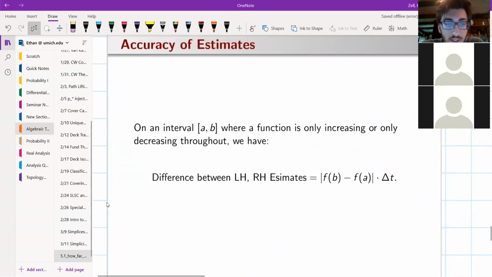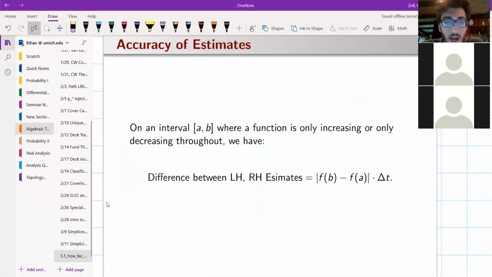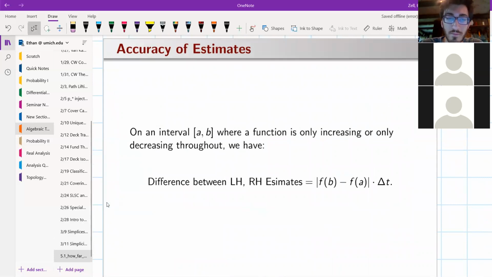I don't think this is as prevalent in the course material anymore, but there is a notion of the accuracy of the estimates, which I thought I would mention. If you're operating on a closed interval, say you start at time 0 and end at time 10 exactly, and your function is only increasing or only decreasing, so velocity where you're accelerating or just decelerating, then the difference between your left and right hand estimates is a function of the step that you take, delta t.